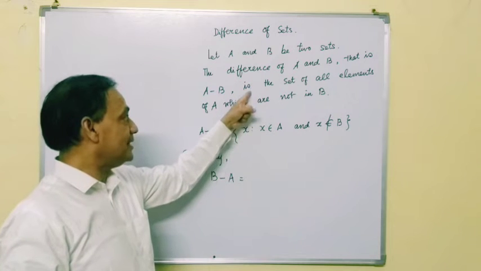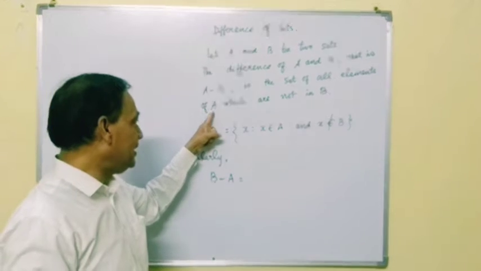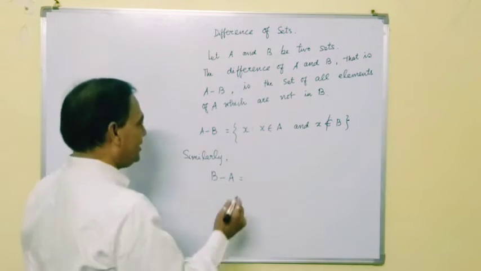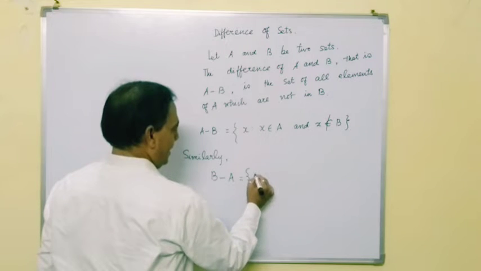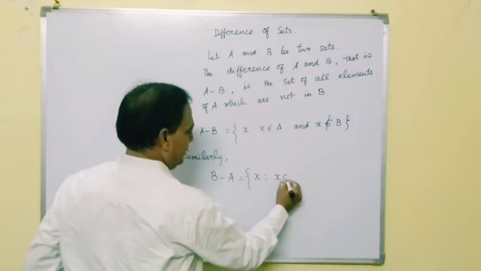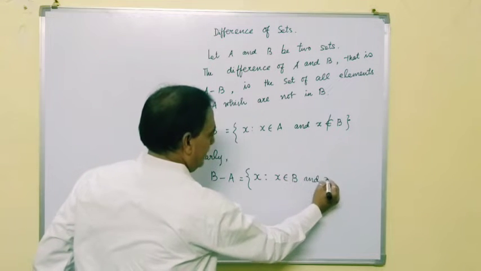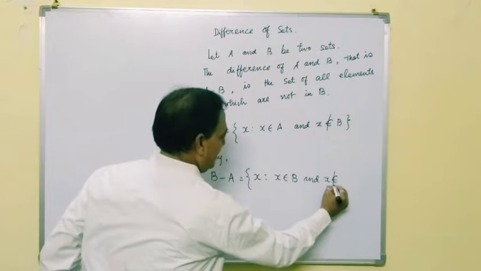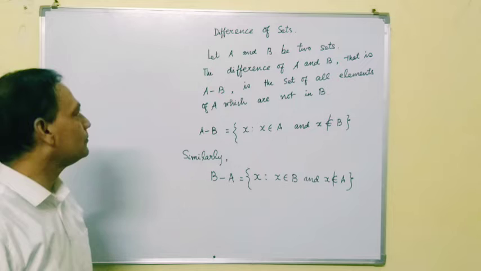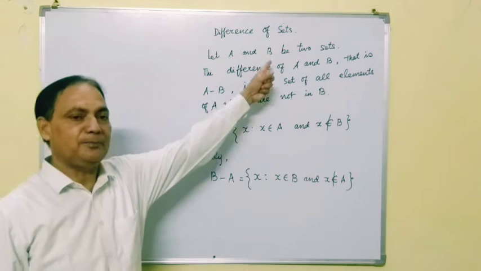B minus A will be the set of all elements of B which are not in A. तो B minus A x such that x belongs to B and x does not belong to A. This is the difference of two sets A and B.